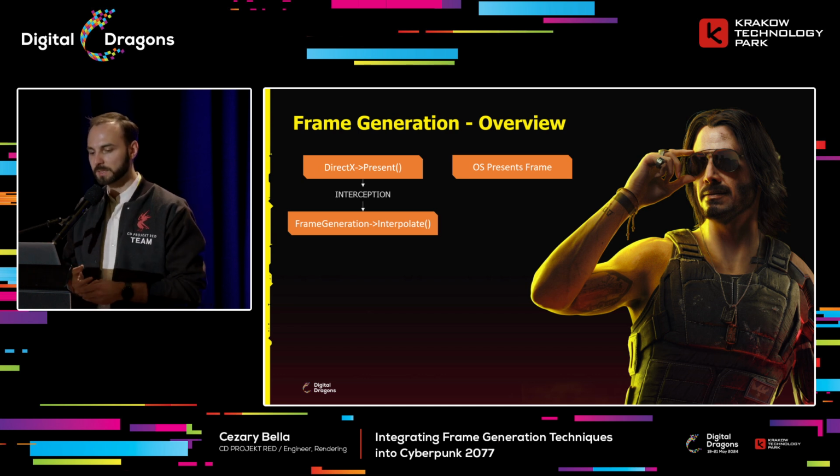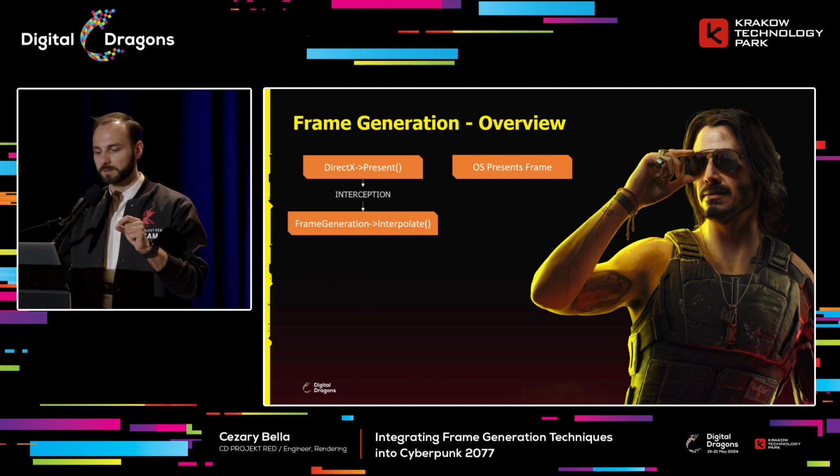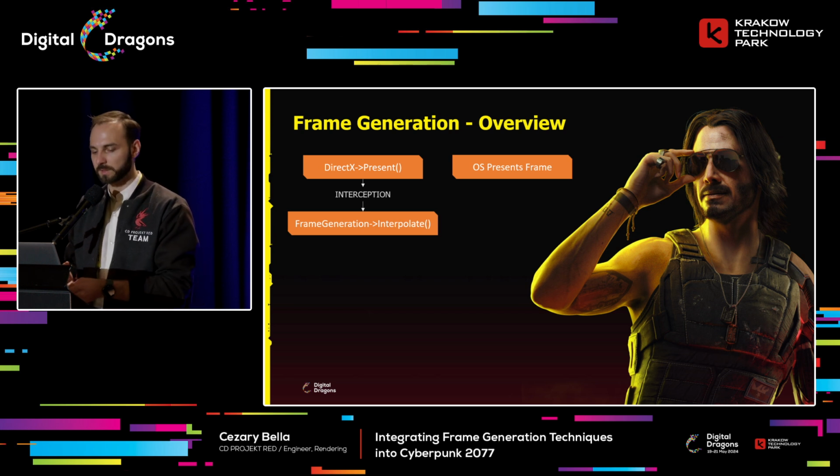where the whole magic happens. And the worth mentioning thing in here is also that the frame generation actually also spawns another thread for our game, which is called the frame pacing thread. There the whole magic happens.